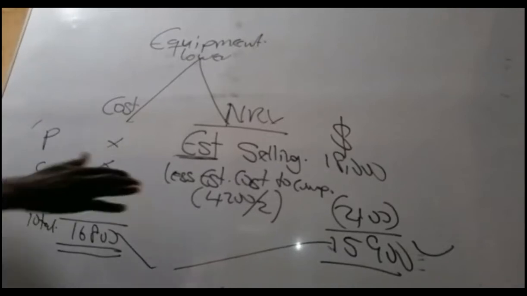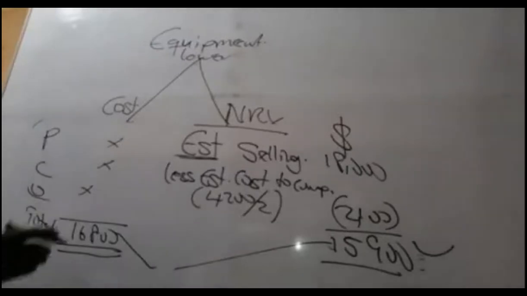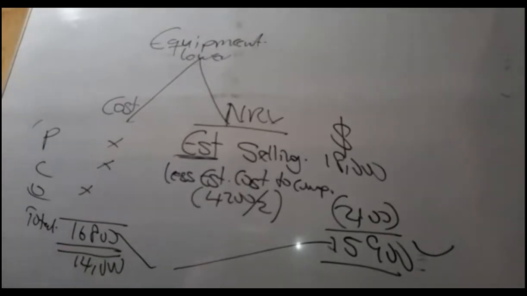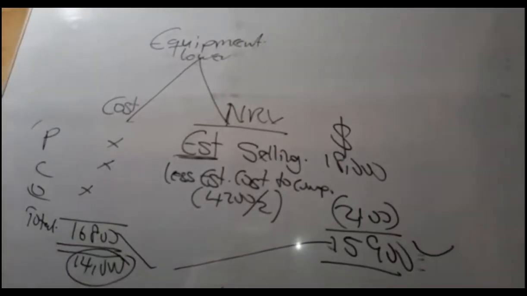But if the NRV is higher, or the cost is lower, so assume that here happens to be 14,000, what do you do? You do nothing. It does not call for any special treatment. You tell the examiner that inventory must be measured at 14,000, or valued at 14,000. We are done. It ends there.